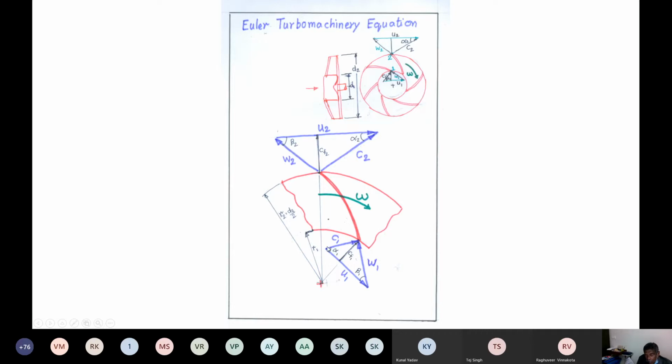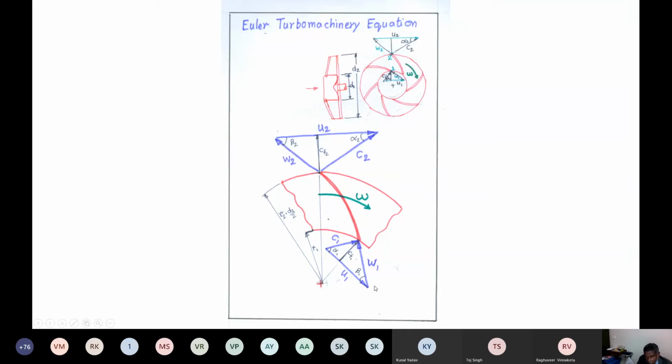So the fluid enters with the velocity C1 at inlet. It leaves with the velocity C2 at outlet. Now the other velocities W1 and W2, you find that they are directed or drawn tangential to the blade tips, or tangential to the blades at their tip.